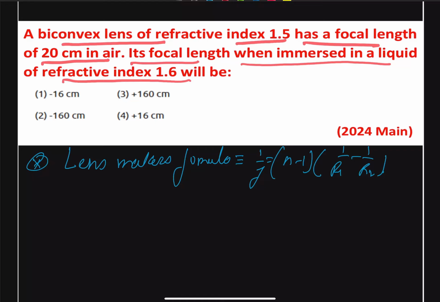If the lens is in air, n is the lens divided by air, and when it is in a medium, it will be the lens divided by the medium.